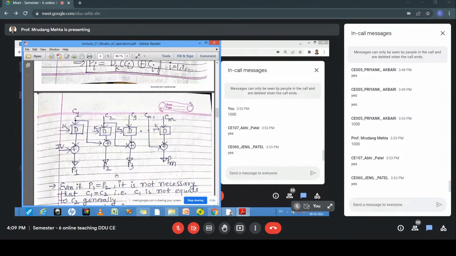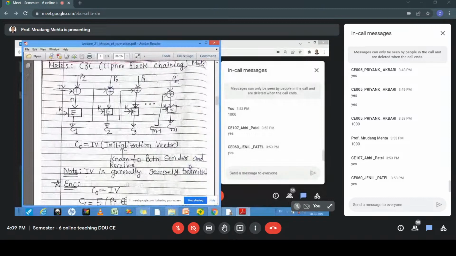So we can draw the diagram like this. Here, to get the decryption, we have to go in reverse. So C1 goes as input to decryption with key K. The output of that goes to XOR with the initial vector, and this generates P1.